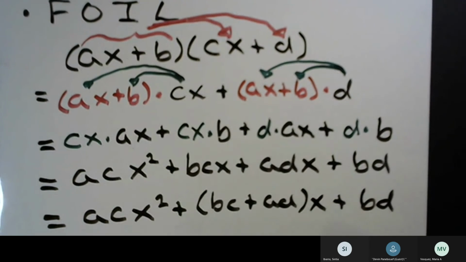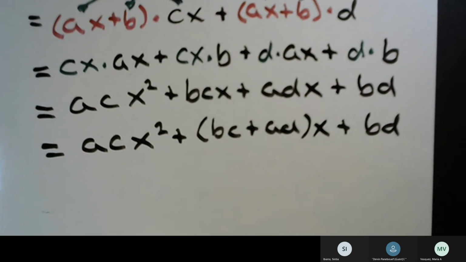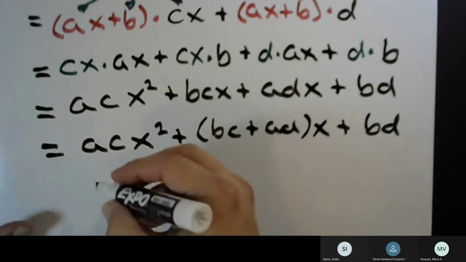And the reasoning is that if you took this x and you distribute it to each of these terms, you're going to get this back. So we're going to go backwards and factor out the x. And then, again, addition, order doesn't matter.